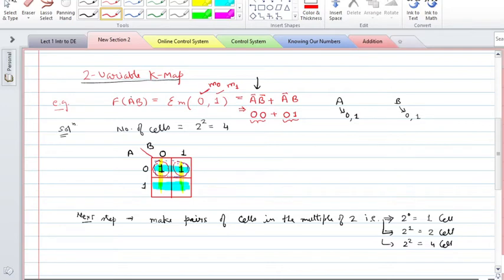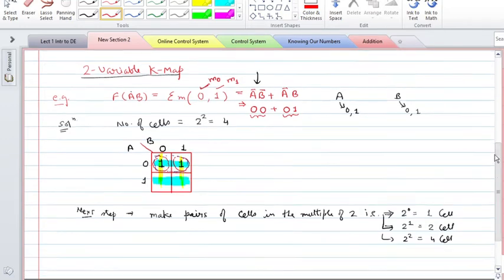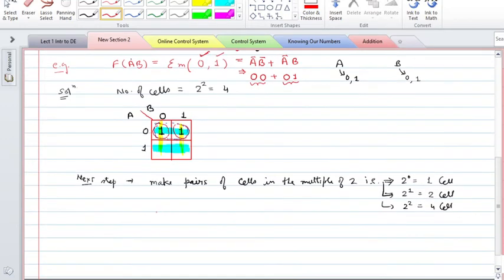Okay, but the condition is that you have to form the pair with the largest available pair and with the minimum number of pairs.